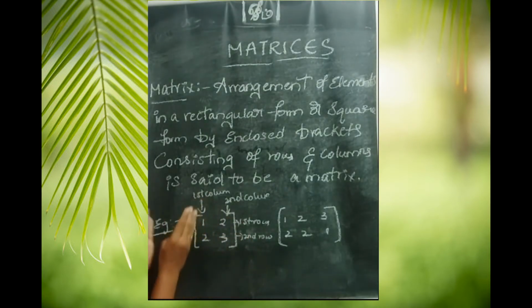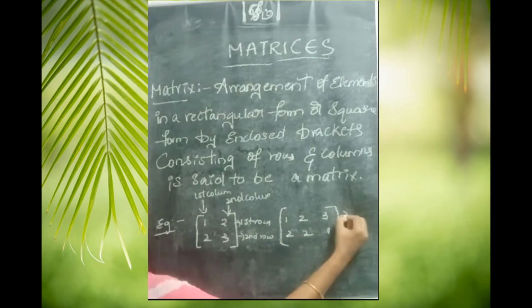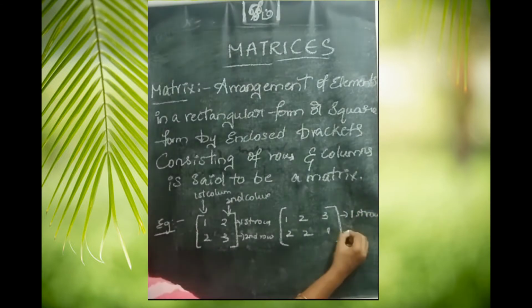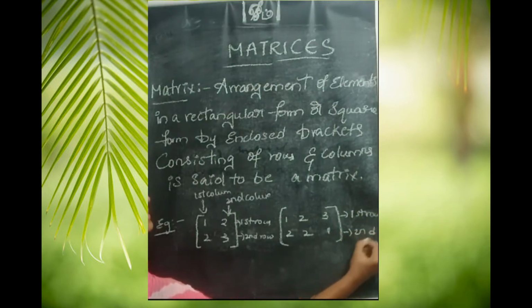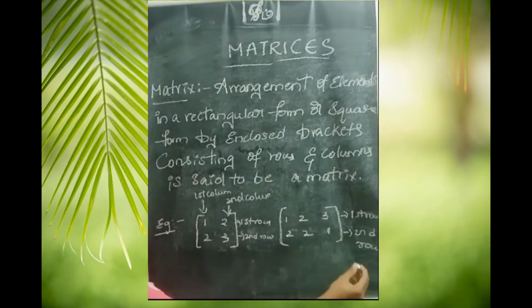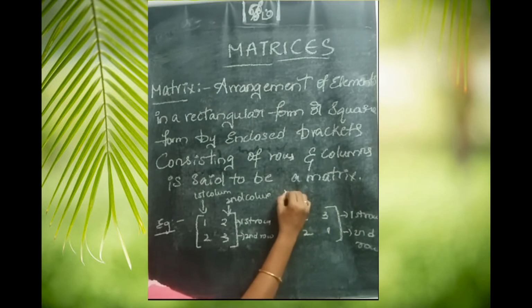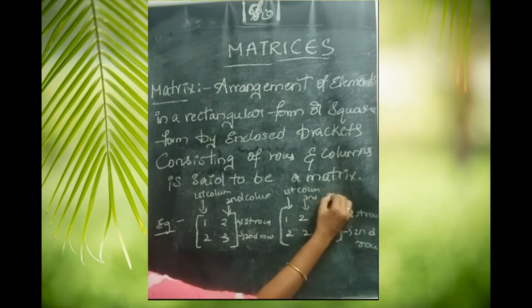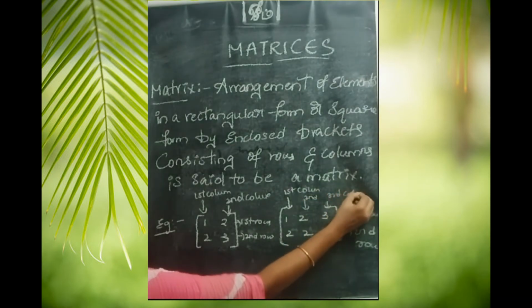It has rows as well as columns. Now here, this is the first row and this is the second row. This is first column, second column, third column. Okay.